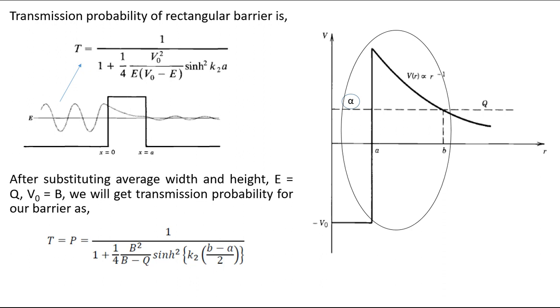If we want to transform it for our irregular barrier, then we have to change V naught to B, E to Q, and a to (b minus a) over 2, because in our case the average width is (b minus a) over 2, but in the rectangular barrier the width is a. So after this substitution, we get the equation which is written below.